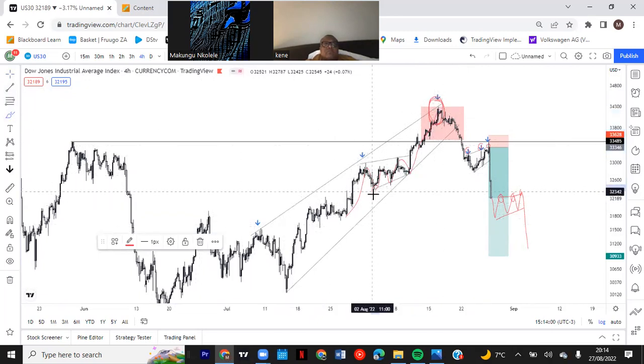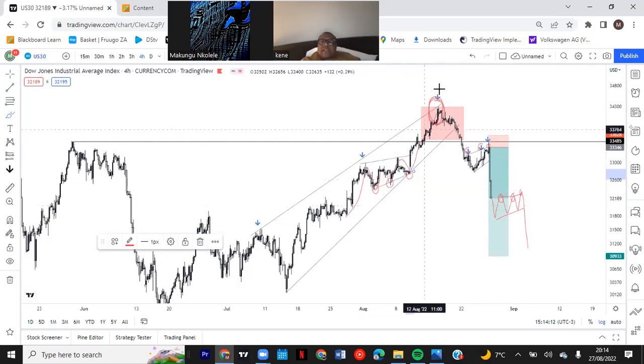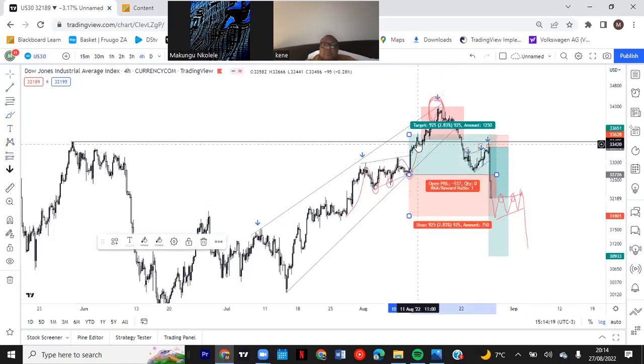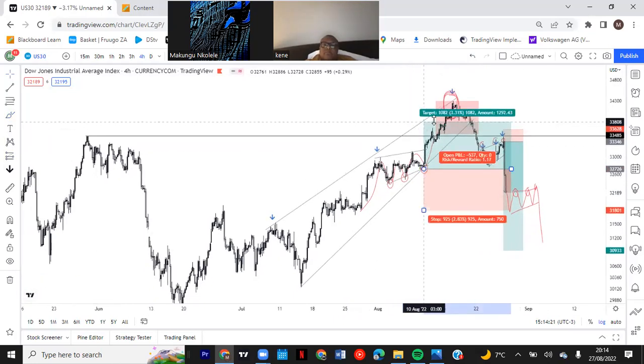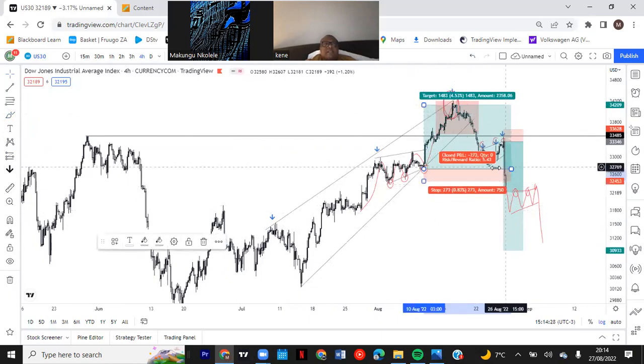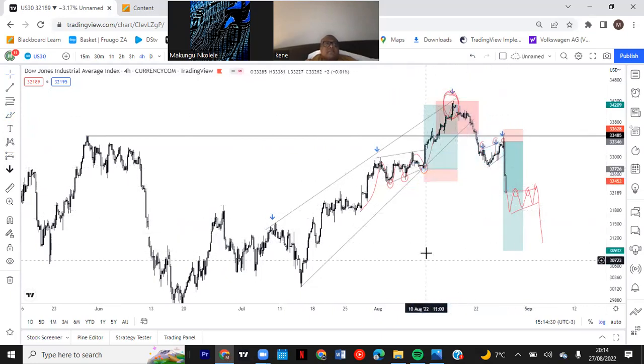This was the first touch, second touch, and the third one right here. Can you see it? Yes, I can. So if you had spotted this, you would have entered this trade until the price touched your resistance trend line. Yes, you could have utilized this trade like that.